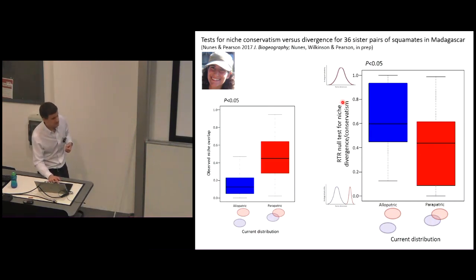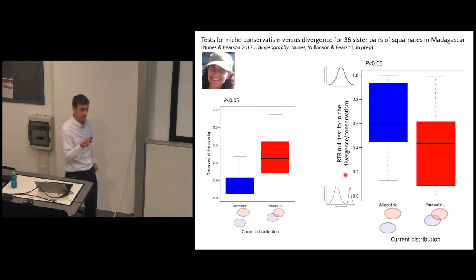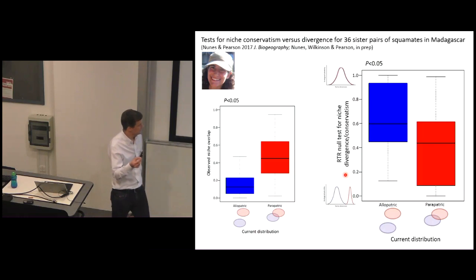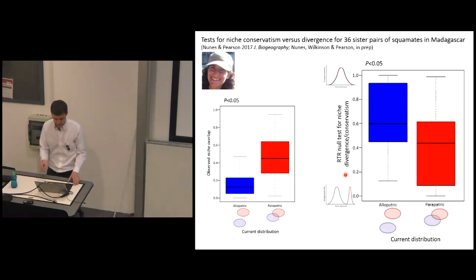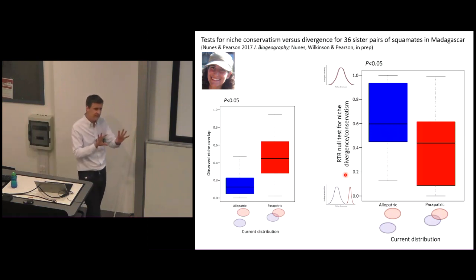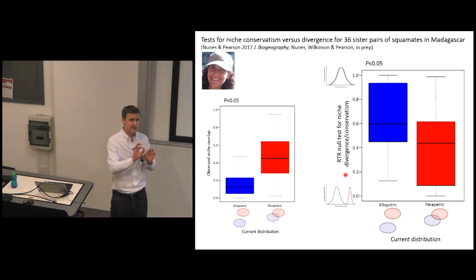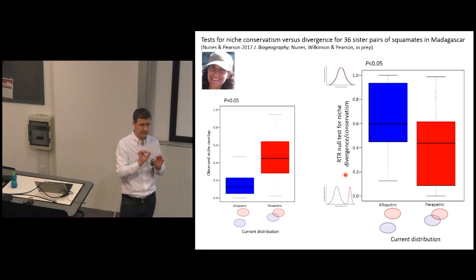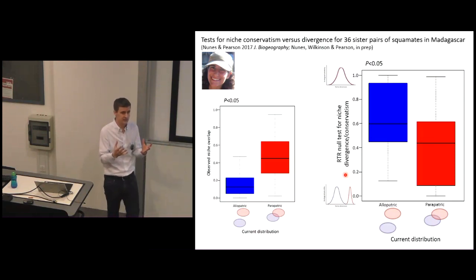But then this is plotting, and there's a long story here, a null model that we published a couple of years ago. We refer to it as the RTR model, but it's a null model that essentially asks, what's the likelihood of seeing a particular degree of niche similarity or conservatism or divergence given the spatial patterns in the distributions?